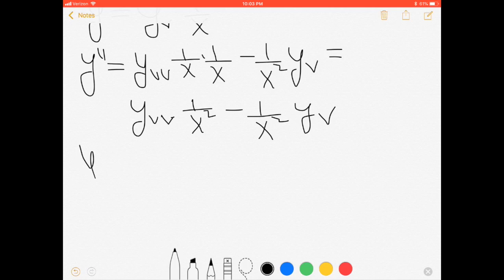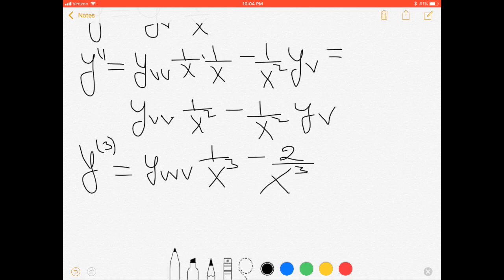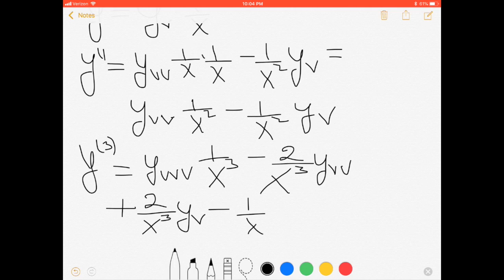Okay, and now we need to find the third derivative. It will be y triple prime in v times 1 over x cubed, because 1 over x times 1 over x squared, and minus 2 over x cubed y second derivative in v, minus, but here we have minus, it will be plus 2 over x cubed y prime in v, and minus 1 over x cubed y prime in v.